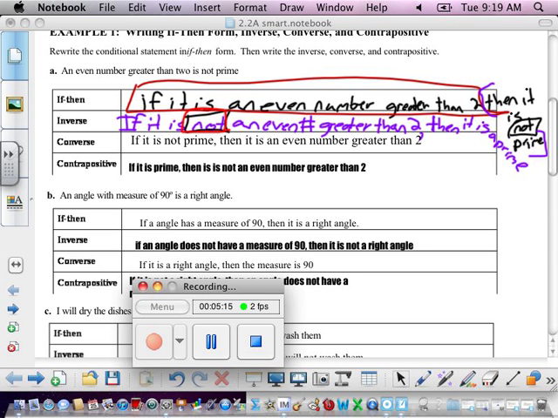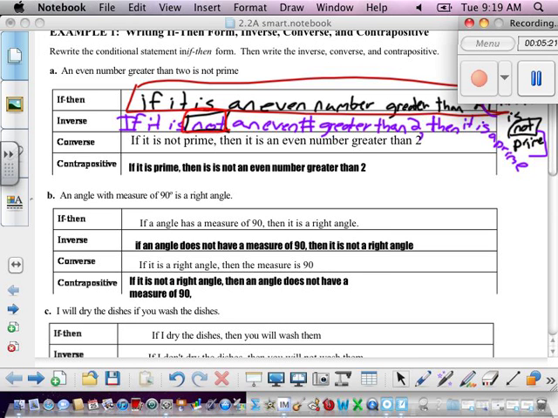Yeah. Okay. All right, I will pause for a second. Okay. Conditional statement, you just have the if and the then. Inverse, you make it negative.